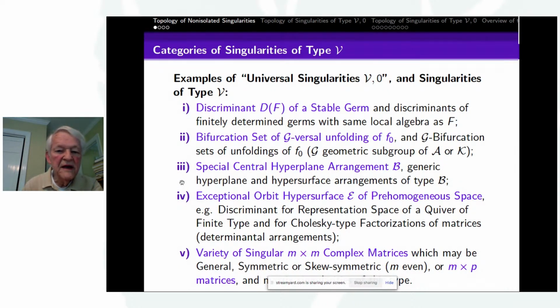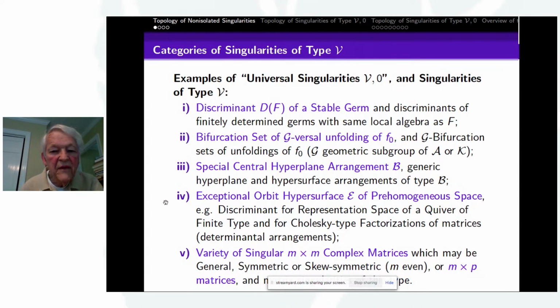Thirdly are central hyperplane arrangements. I think today I heard Matthias refer to Coxeter arrangements. These are a collection of hyperplanes through the origin. We can think of that as a germ of a variety, and you can pull that back. If it's a linear section, you'll get a hyperplane arrangement, but it can be nonlinear and you get hypersurface arrangements.